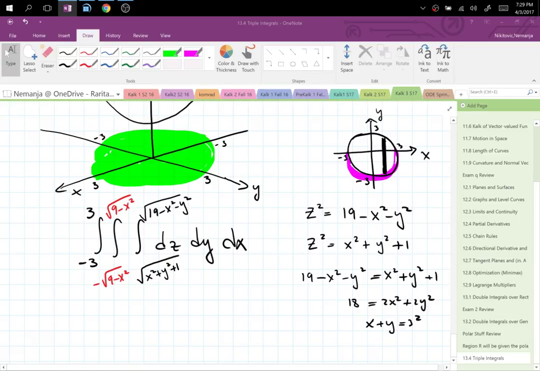What happened? Yes. This is where we will swap into cylindrical coordinates. Cylindrical coordinates will be r, theta, z.